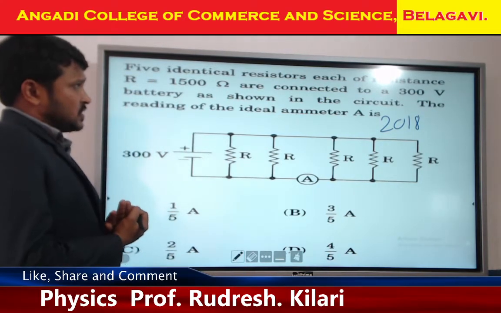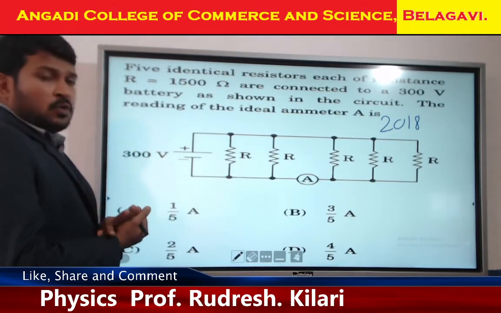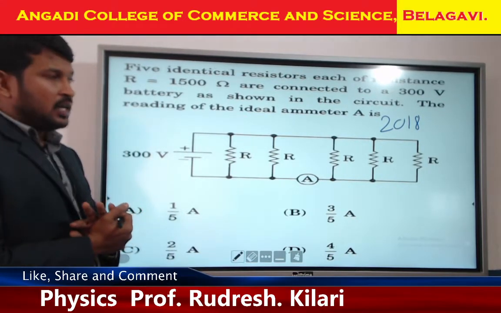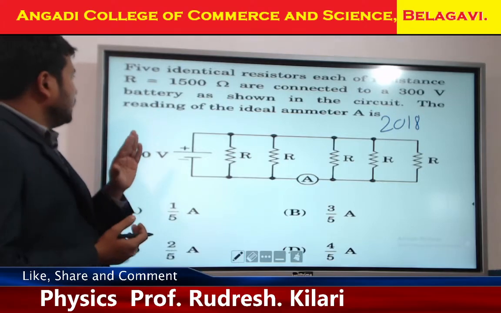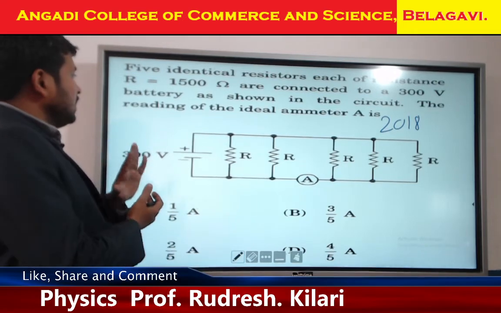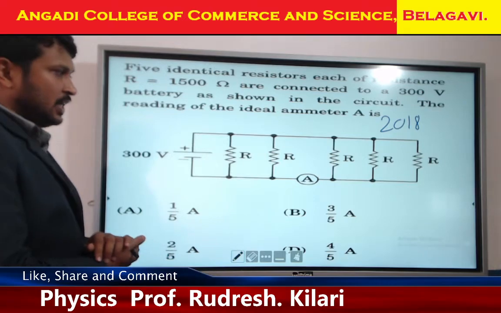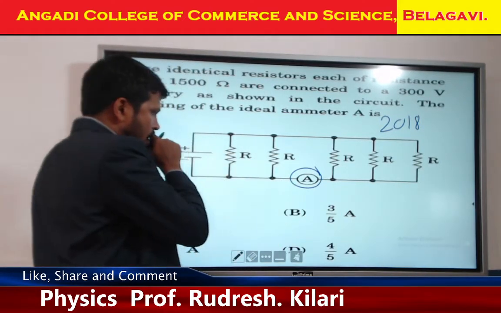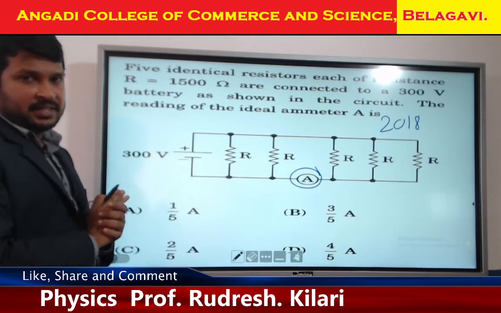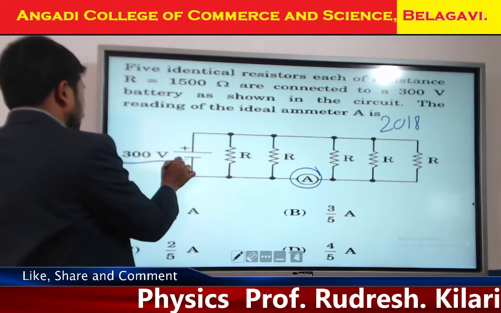5 identical resistances, each of resistance 1500 ohm, are connected to a 300 volt battery as shown in the circuit. The reading of the ideal ammeter is. Okay, students, first, what is given here?